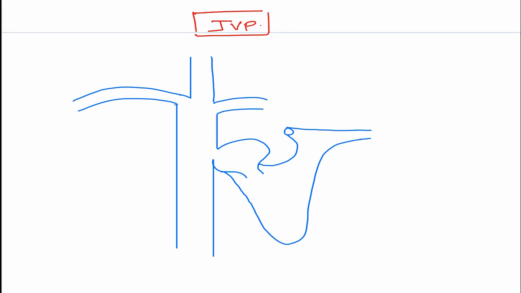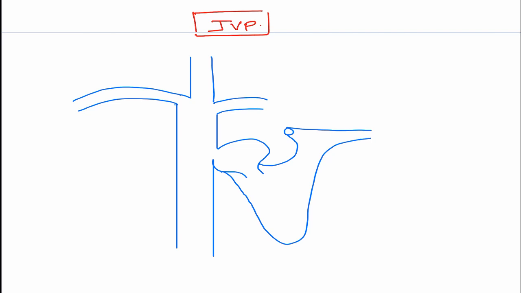For some, the ECG is much easier by simply learning the PQRS complex, but learning this is slightly more difficult. So today I will explain what JVP is, what its importance is, how the JVP waves are formed, and some very important pathological significance of JVP.